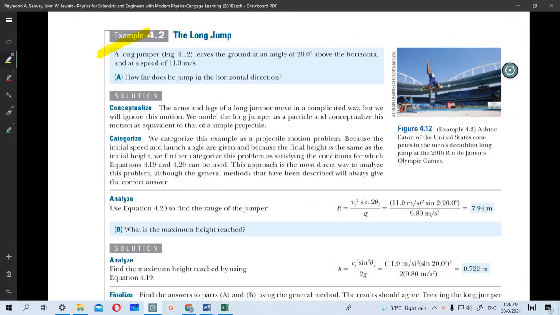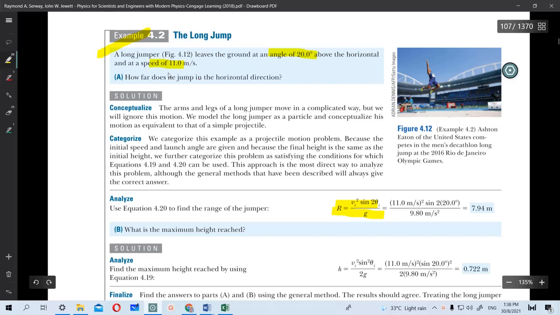Now, looking at example 4.2, this example shows that we're going to substitute into the simplified expression according to the question's request. This is a long jumper leaving the ground at an angle of 20 degrees above the horizontal with an initial speed of 11.